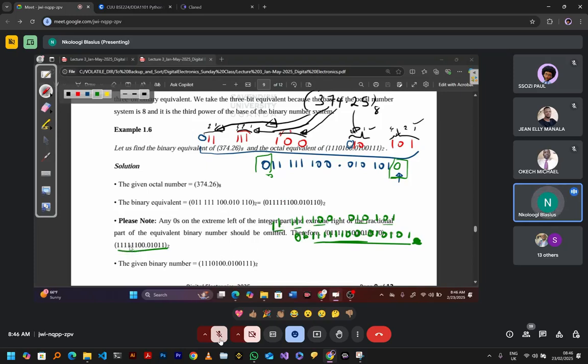There are how many ones here? There are 6 ones, and also here 1 1 1 1 1, 0.0101. So do we have a mistake somewhere? The example is 0.26.